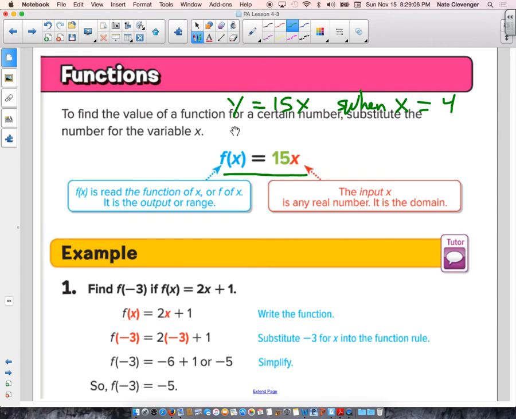What we had done in the past, we had taken that value of 4 and substituted it in. And then we'd have y is equal to 15 times 4. So y would be equal to 60.